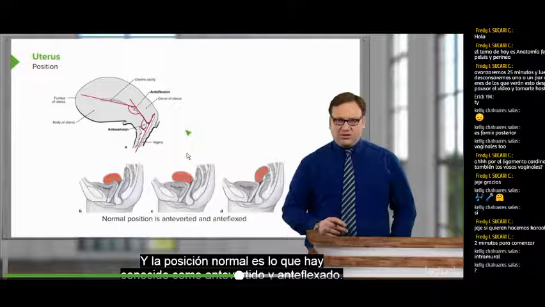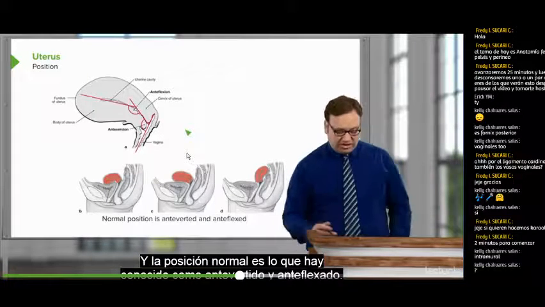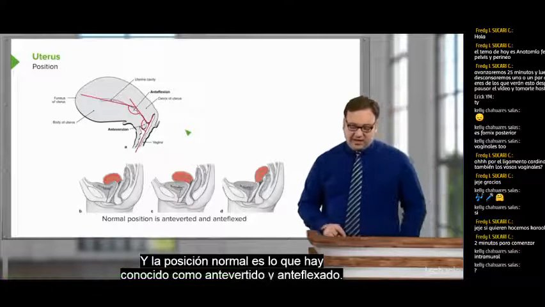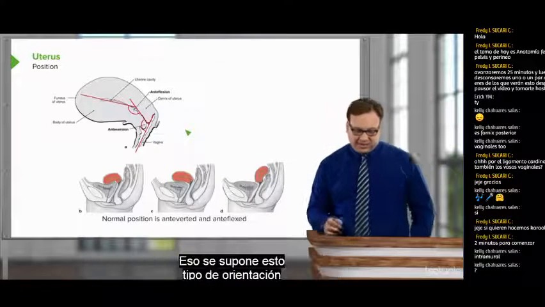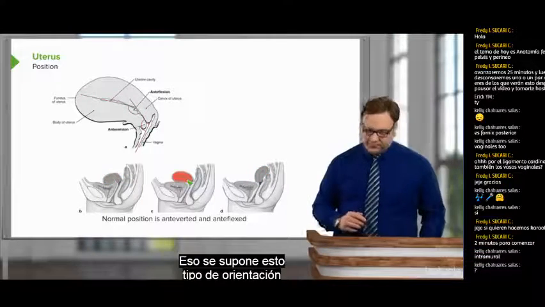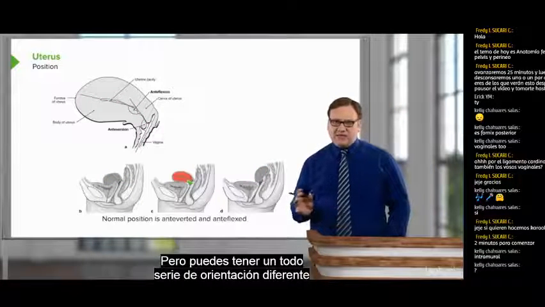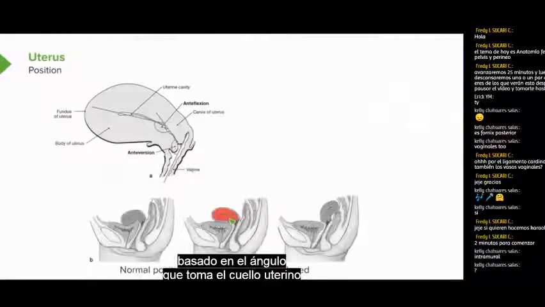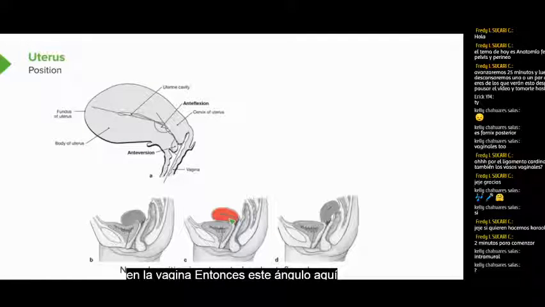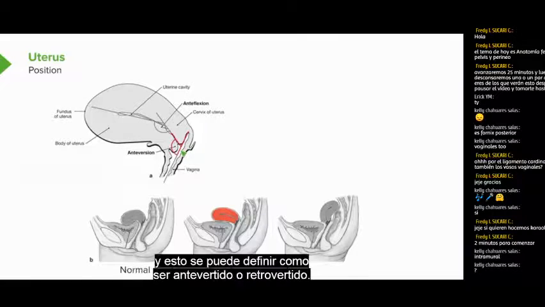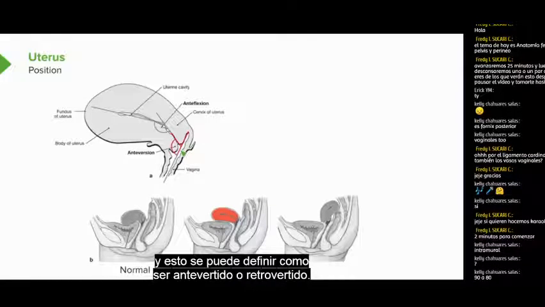Normal position is what's known as anteverted and anteflexed. It assumes this kind of orientation. But you can have a whole series of different orientations based on the angle that the cervix takes at the vagina. So this angle here, and this can be defined as being either anteverted or retroverted.